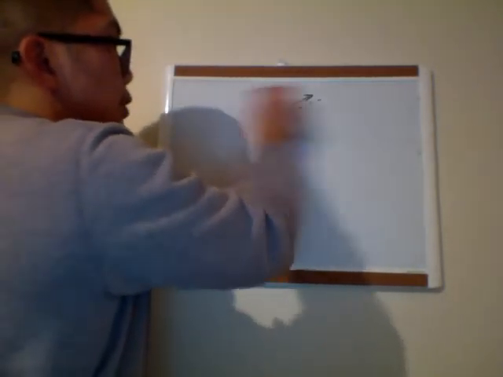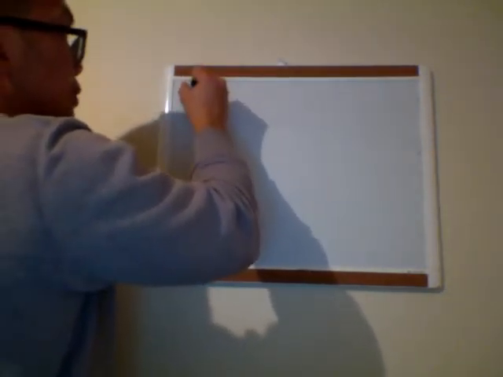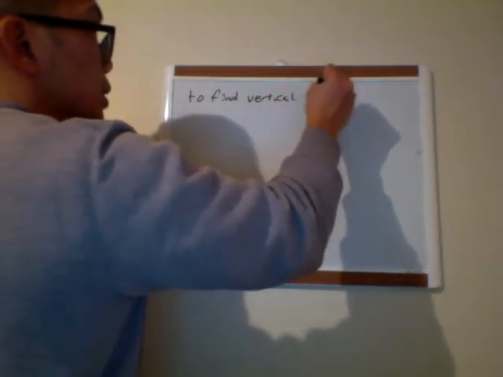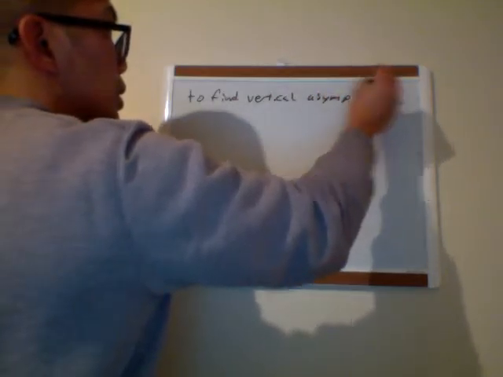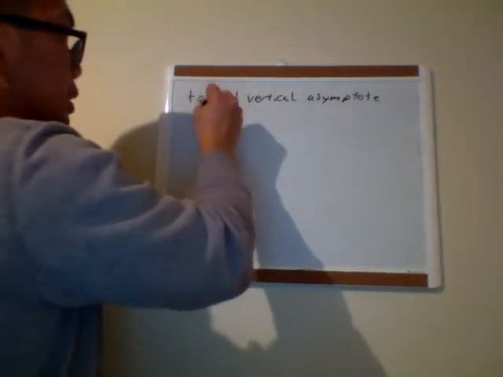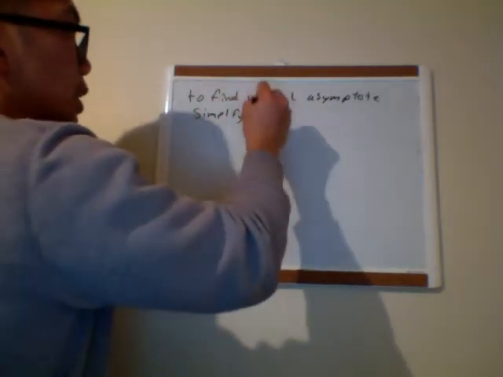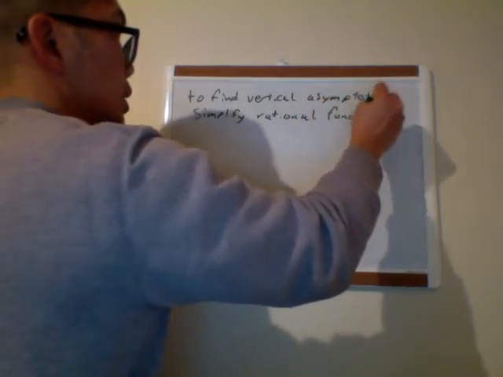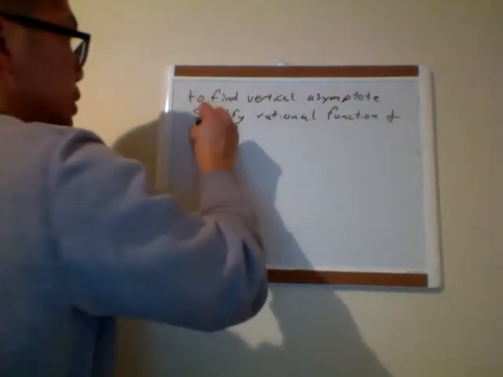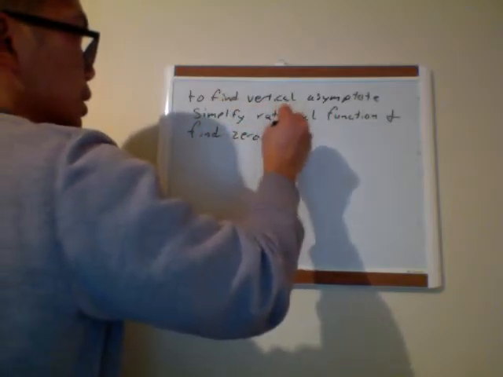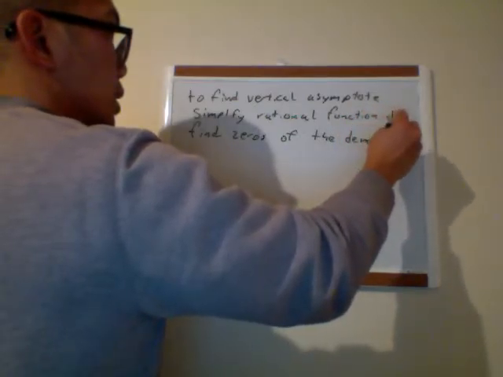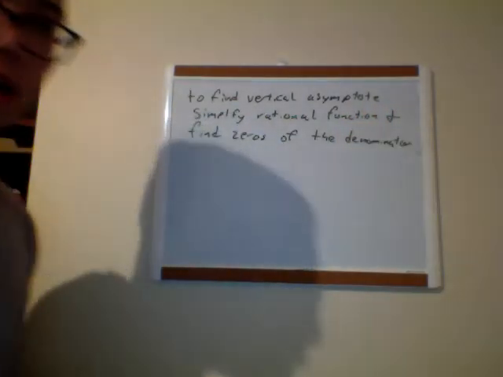So how do I find a vertical asymptote? Basically, to find a vertical asymptote, you want to simplify your rational function and find zeros of the denominator. Okay. So let's start really easy.